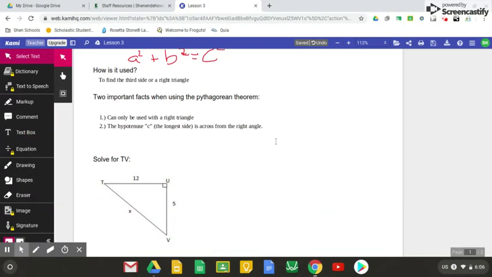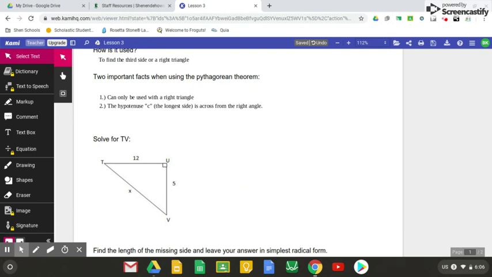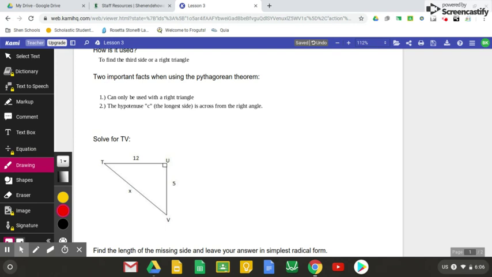So for example, down here where we got to solve for x, if I look where my right angle is, which is right here, across from that, right down here, that good old x, that's going to be our c in our Pythagorean theorem, which is a squared plus b squared equals c squared.